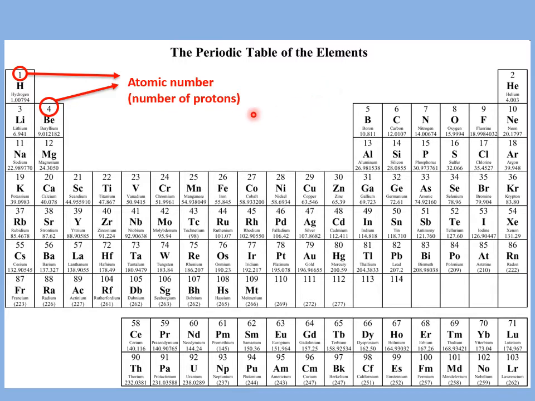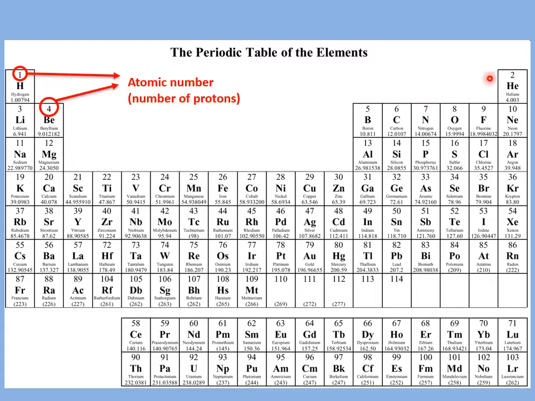And what we're looking at right now is the atomic number. Remember, it tells us the number of protons. So this number above the element symbol, this is hydrogen, which is element number 1. This is helium, element number 2. That is the atomic number. And so in the periodic table, the elements are listed in order by their atomic number.